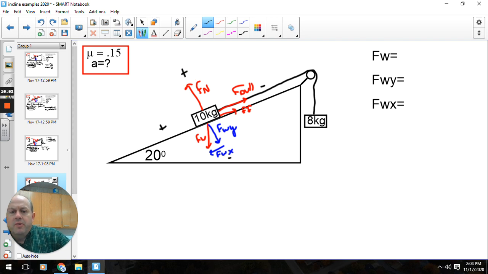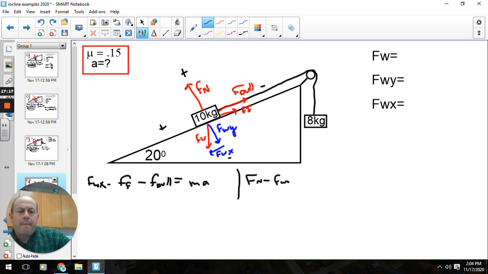So that means our formula would be force weight X minus friction minus the pull equals MA, because we are accelerating from rest. And then the other side would be force normal minus force weight Y equals 0, since we're not moving in that direction. So 10 kilograms to get our force weight would be 10 kilograms times 9.8. So that's going to give us 98 newtons again.